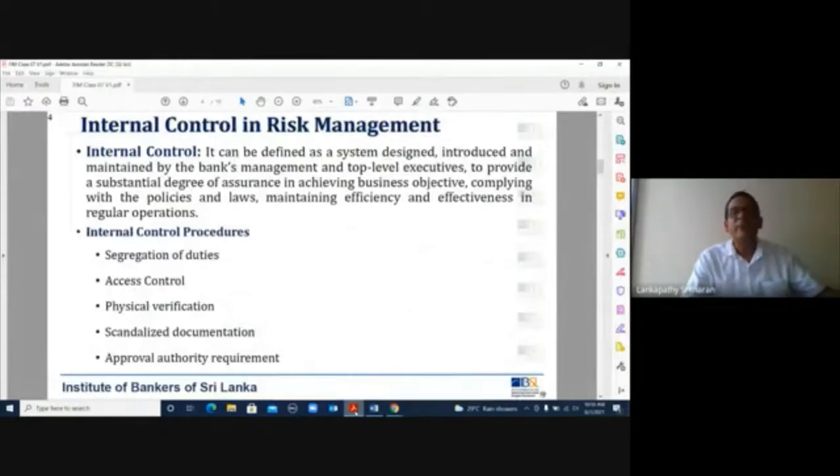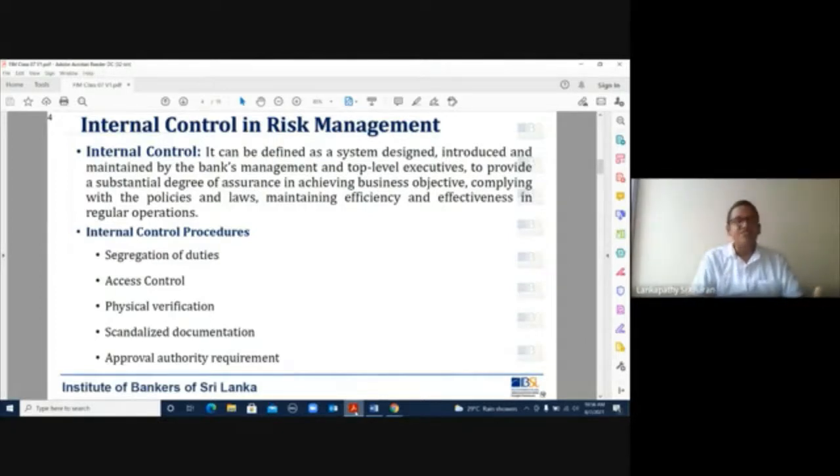Internal control in risk management. Actually, I have mentioned to you all that as a first line of defense, internal control is most important in risk management. Particularly for operational risk management, the internal control system is a must. If there is any lack of internal control, that will create a risk to the bank and financial institution.